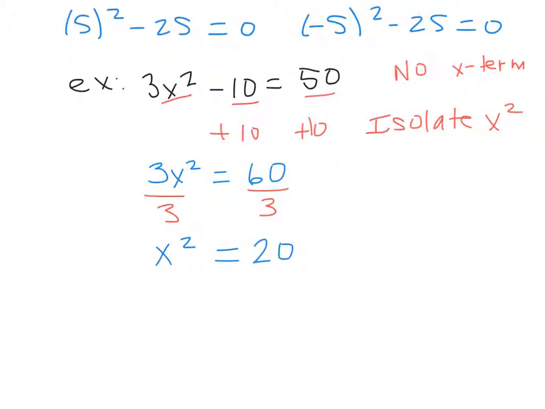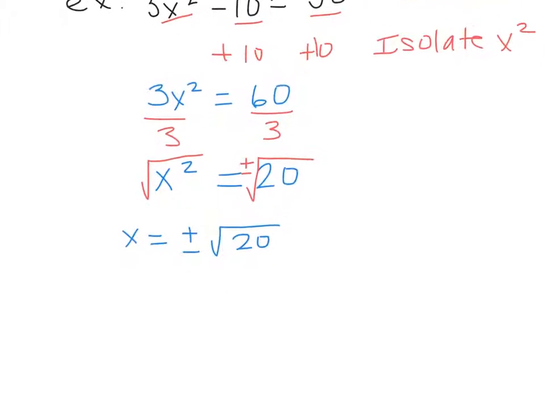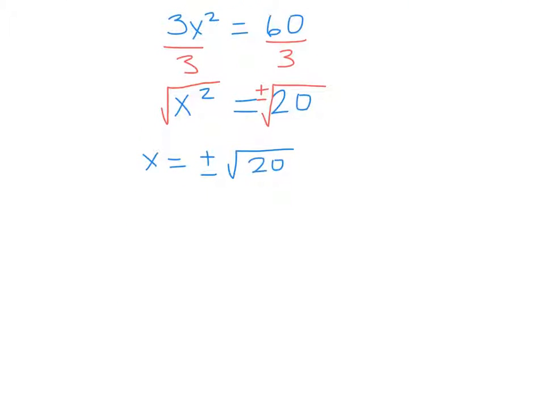All right, now we take the square root. It's going to undo that squaring. Do that to both sides. So we've got x equals plus or minus square root of 20. So 20 has a factor that's a perfect square, right? 4. 20 can be written as 4 times 5.